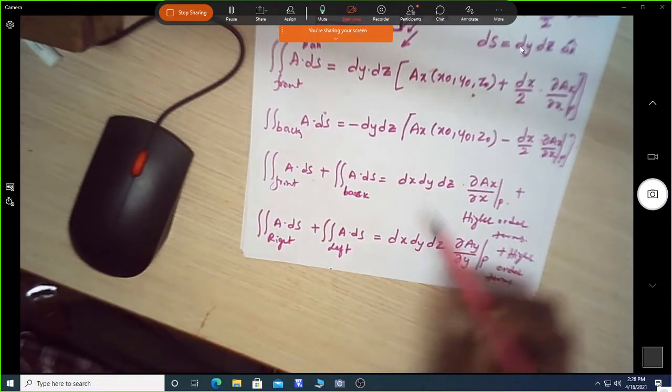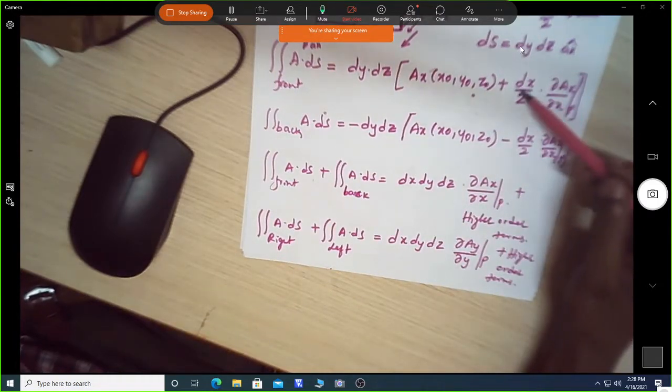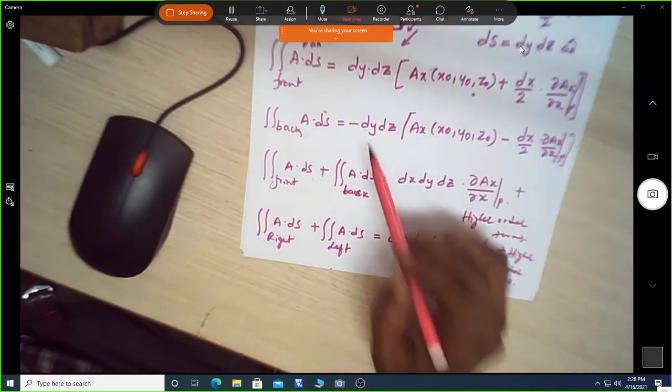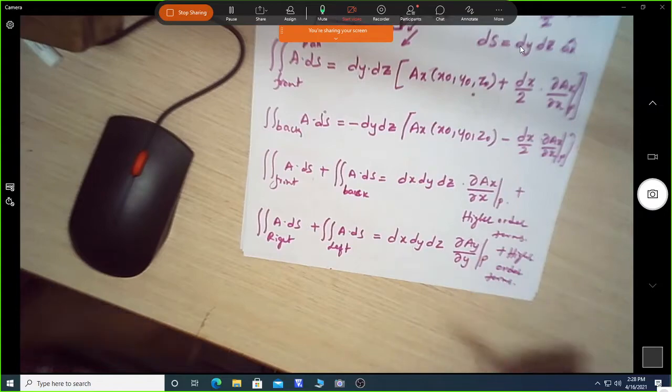In the similar fashion we have to write for the y direction the Ay term. If I add both right and left, you will get this.